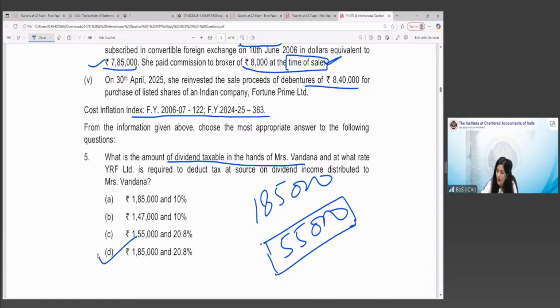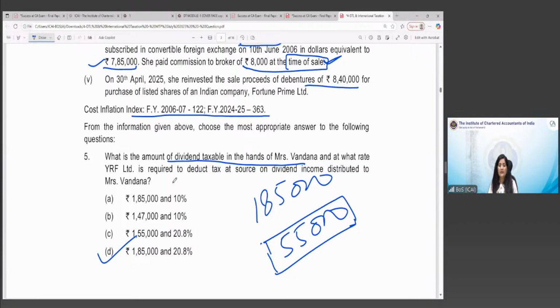So when you do this, compute 100 minus 20.8, that is 79.2, whatever be the income into 100 divided by 79.2, not 80%. When you are grossing up income which is given net of taxes in the hands of a non-resident assessee, you have to consider the cess also. Sometimes it happens that we just skip and just do it at 80%.